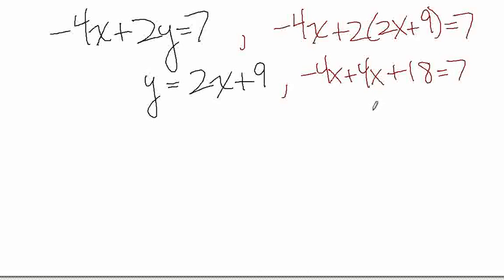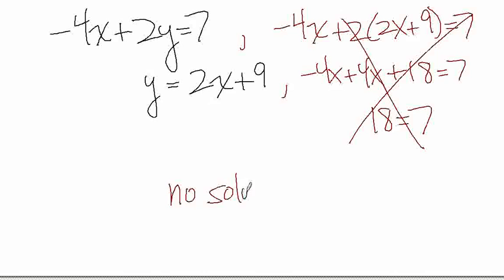Combining the x terms, I get 18 equals 7. Whoa, what just happened? That's not possible, is it? For how many values of x does 18 equal 7? I think you would agree that that's true for no values of x. So this problem has no solutions.